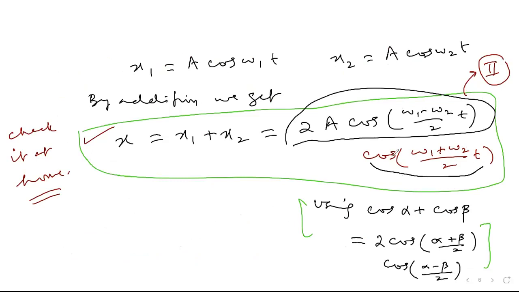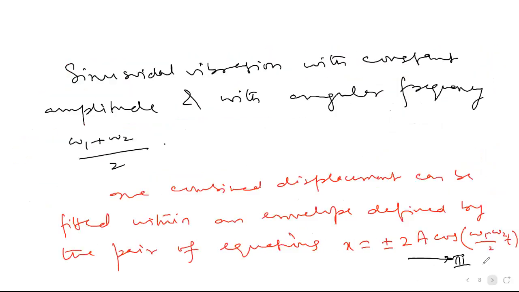This factor, cos of (omega 1 plus omega 2) over 2 t, is rapidly changing. The amplitude is slowly changing because the frequency here is small, and here it is large. So that's what I said: the combined displacement can be fitted with an envelope defined by the pair of equations.